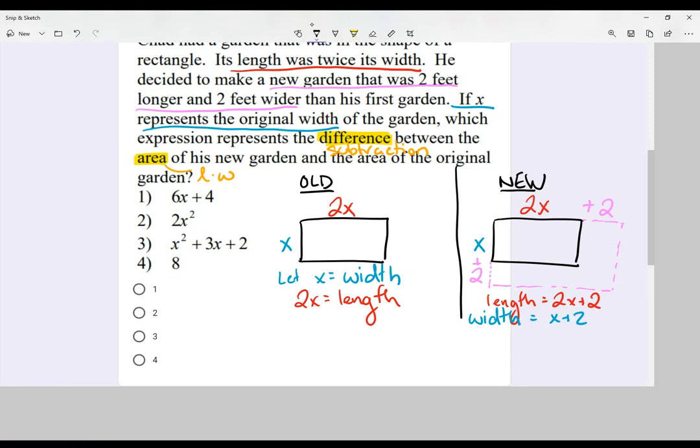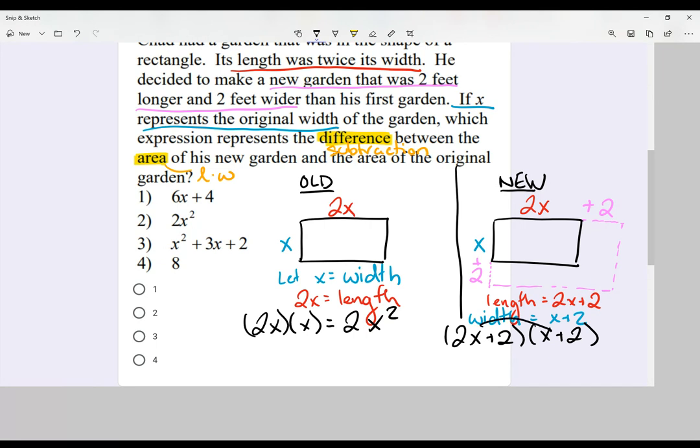So for the old one, we got 2x times x, so we get 2x squared. For the new one, we got to multiply binomials. So (2x plus 2) times (x plus 2). Use one of your methods to multiply them.